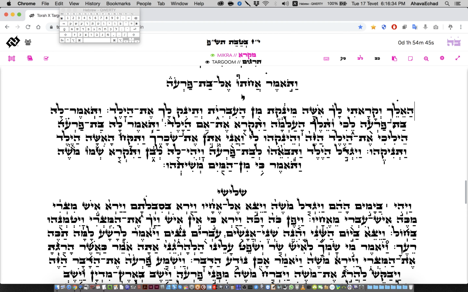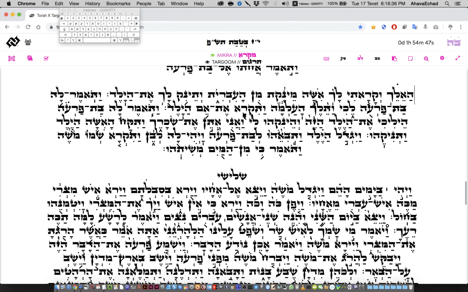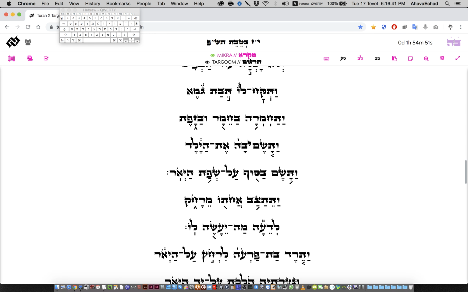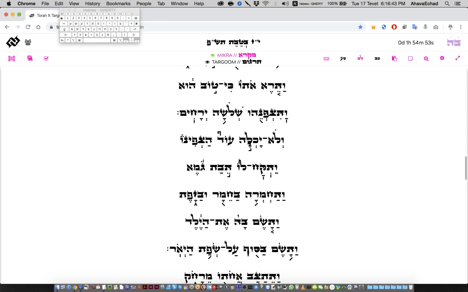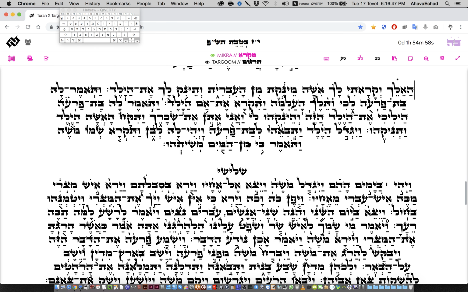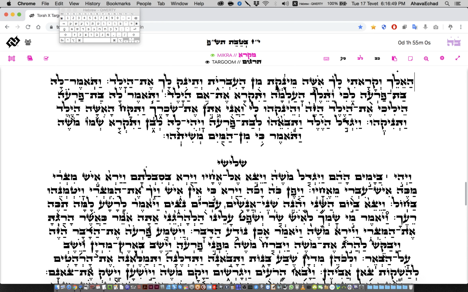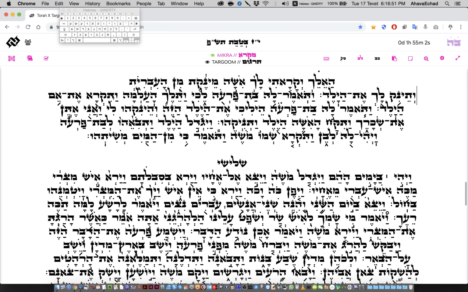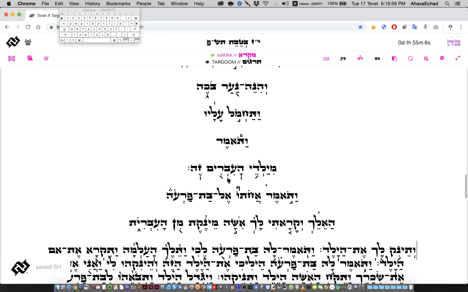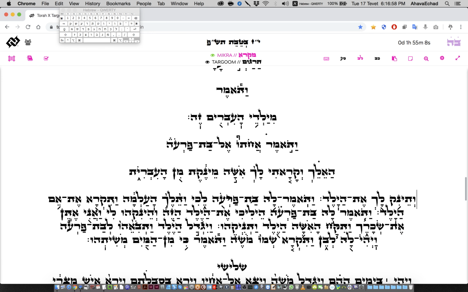Again, why refer to her as bat Paro and not Batia, I guess was her name, right? Didn't it just say? Did it say any name? No, it didn't. Not yet. No, just bat Paro at this time. Elech v'karati lach isha mi'aneket min ha'ivriot. She saw that, she knew that he was from the Ivriot, and he's not taking milk from any other woman.